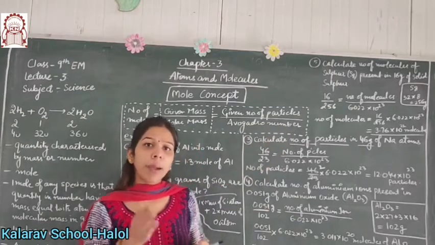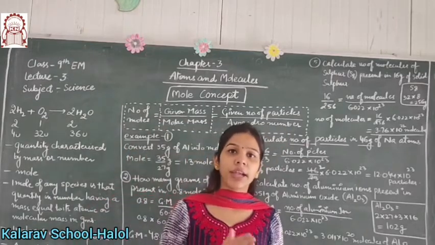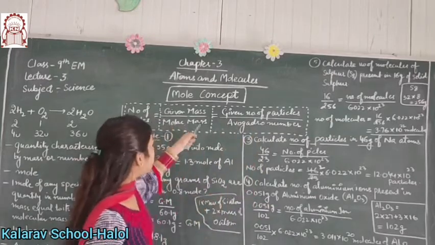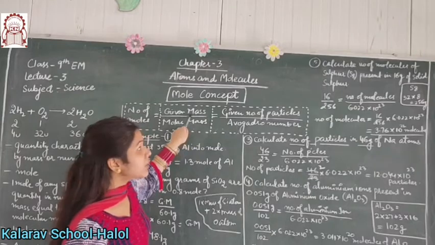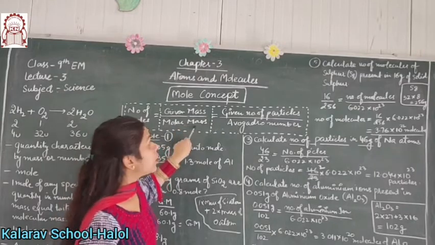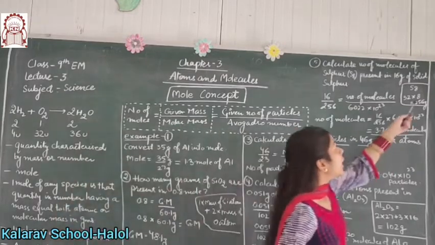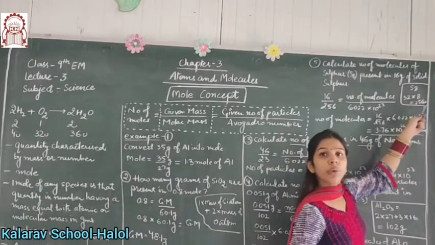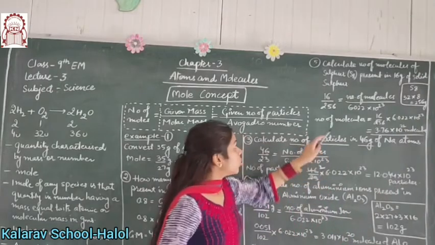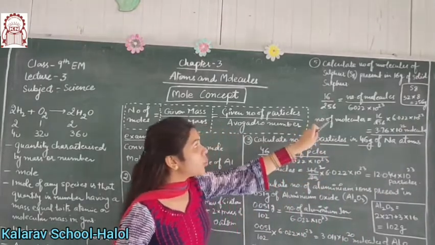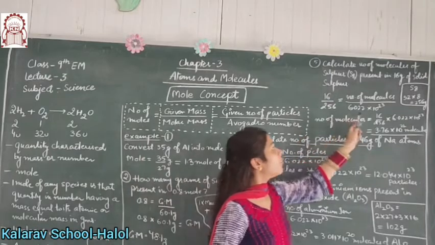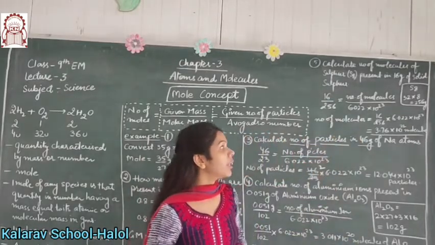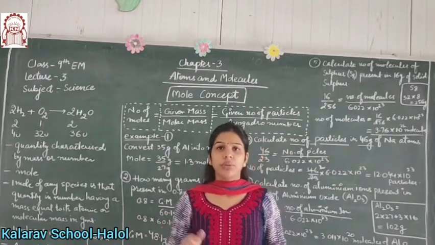Whether they say number of particles, molecules, atoms or ions, the formula remains the same. Given mass is 16 gram, molar mass of S8 is 32 into 8, which is 256. So 16 upon 256 equals number of molecules upon Avogadro number. By solving this, we get 3.76 × 10^22 molecules.